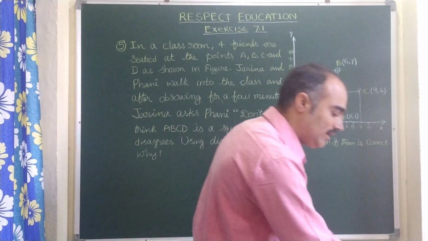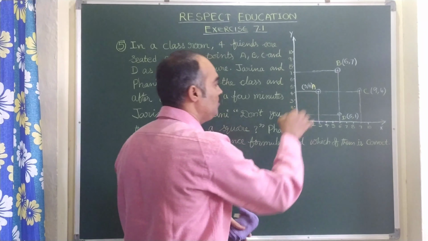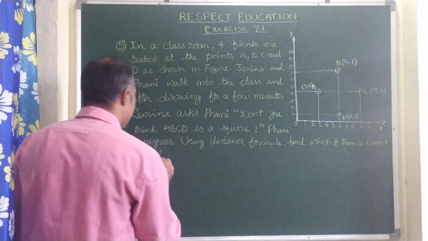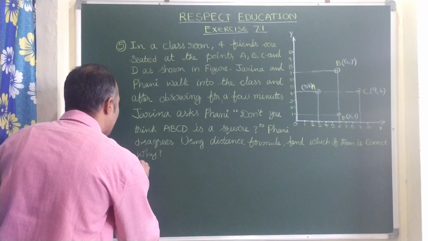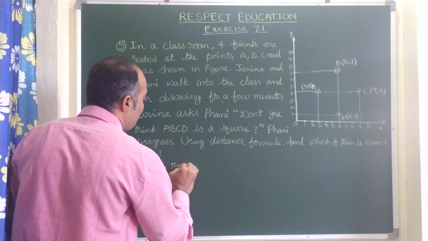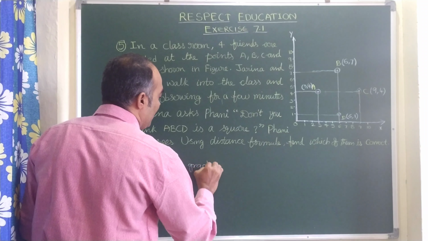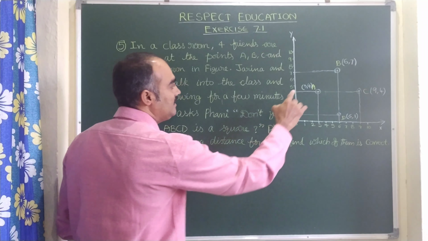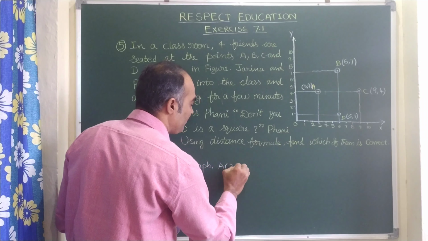Right? Now I would like to write all these values in a proper order. Let us note down the values from the graph. First, A is (3, 4).